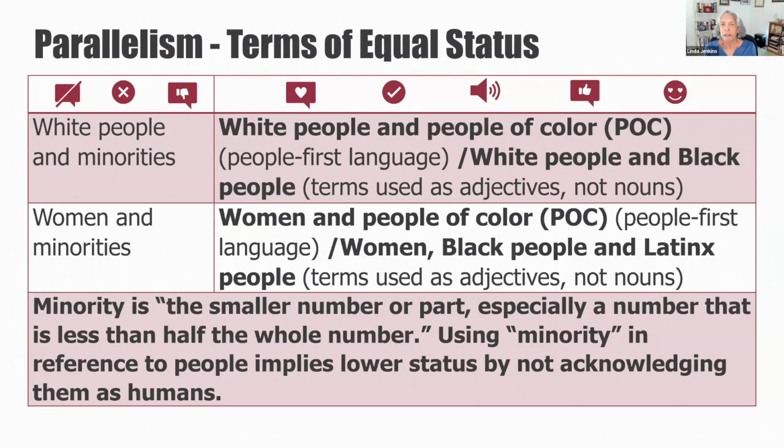Also in the context of parallel construction, I encourage people not to use the term minority or minorities in referring to groups of people, because it doesn't allow people a sense of humanism. It also implies a lower status in the context of how we use it.